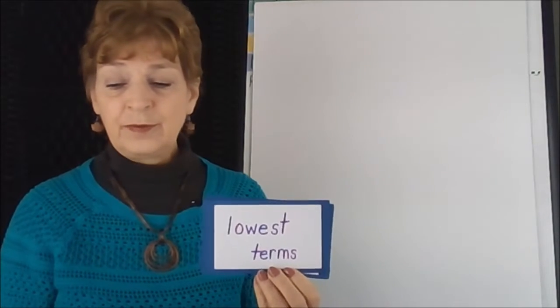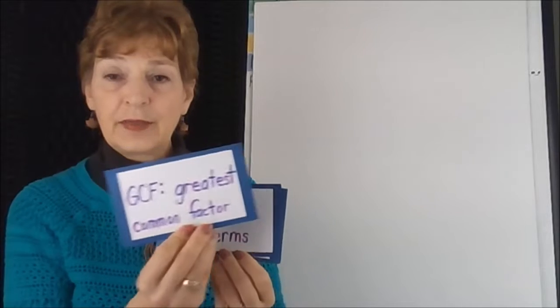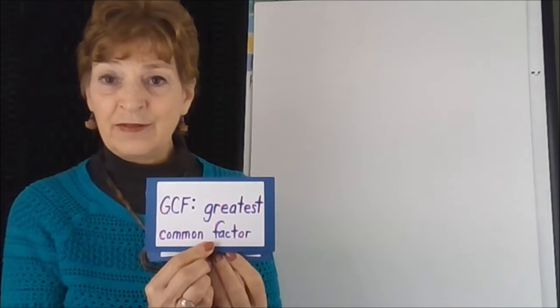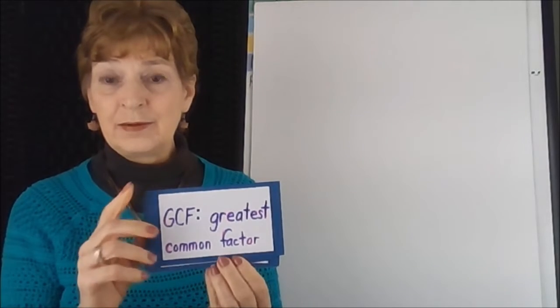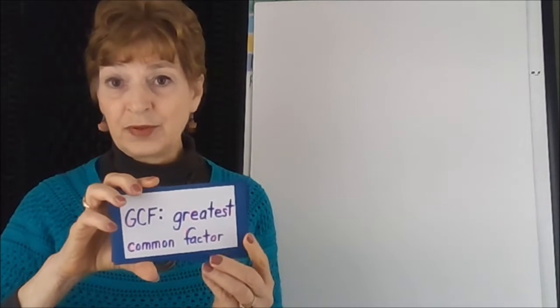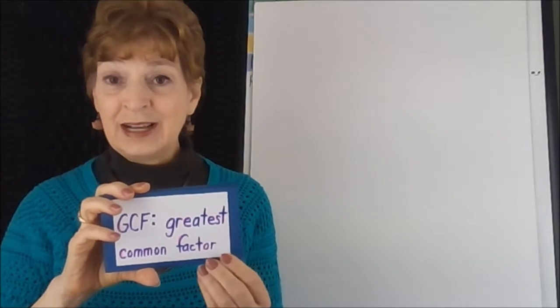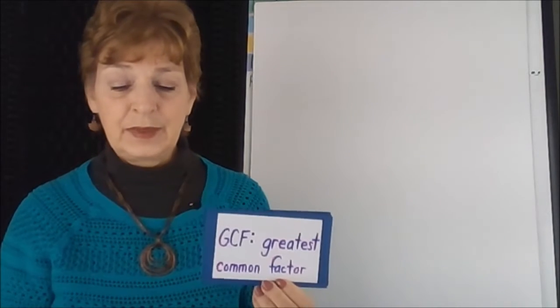We've learned that if we use the greatest common factor, that would be the largest number that would divide into a fraction, both top and bottom, both numerator and denominator, to simplify the fraction in the quickest way.